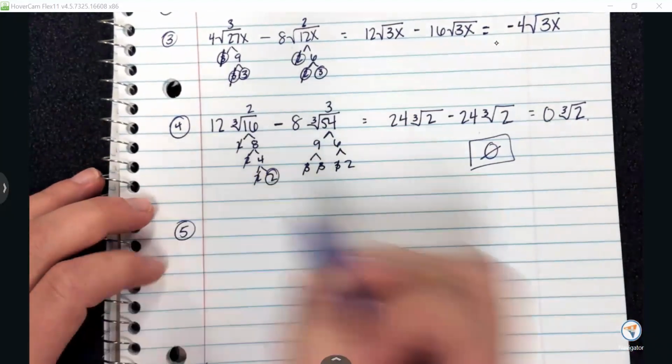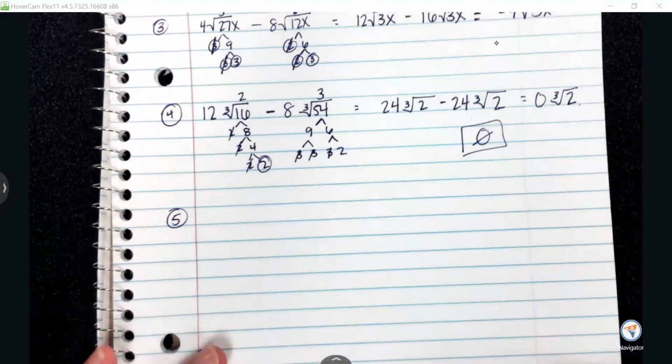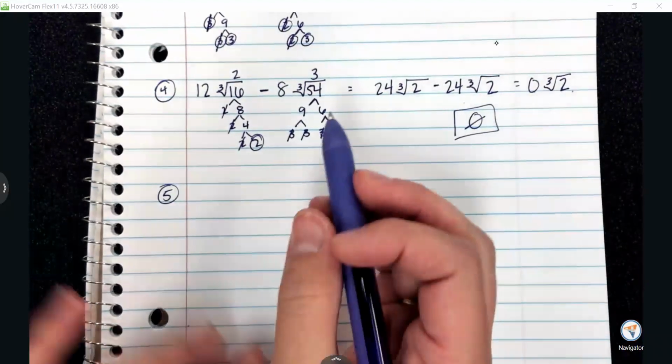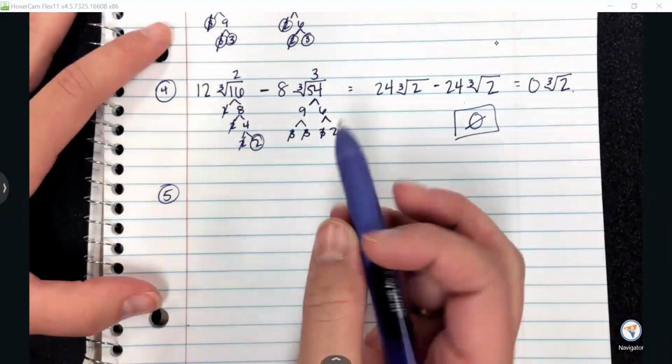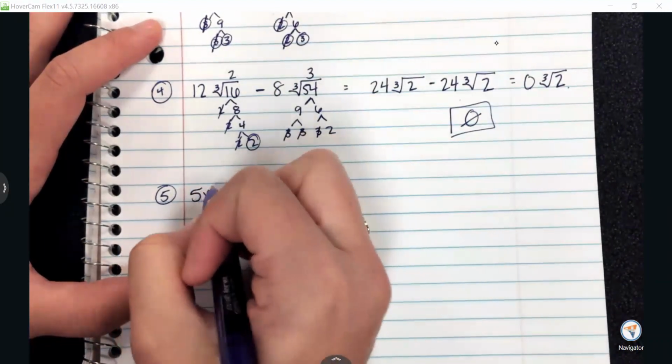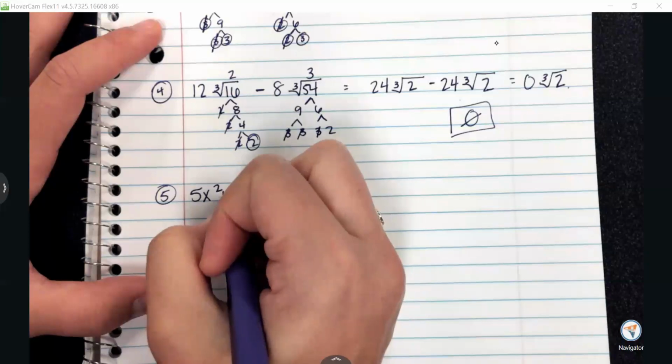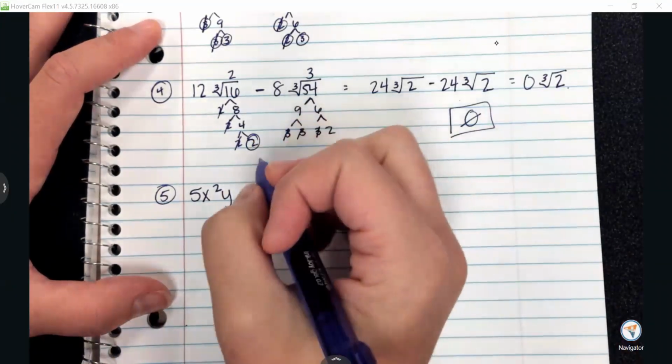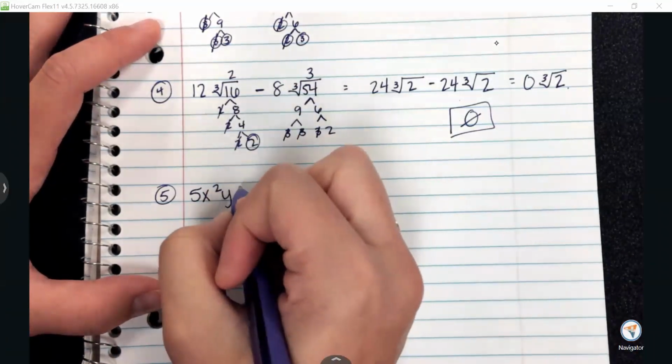All right, last one, and it's going to look a little tricky when we get to the adding piece, but you just have to remember your rules for adding, okay? So I have 5x squared y, be careful, write this very carefully, with the cube root.